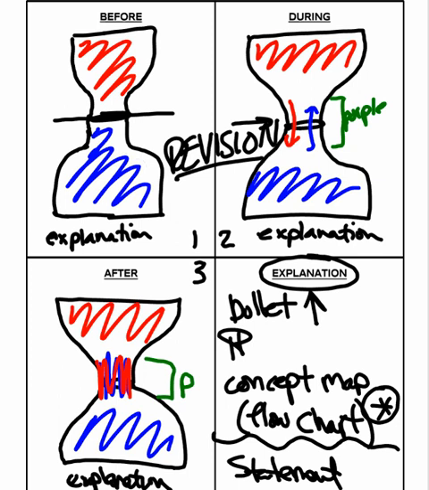If we didn't have revision, then we would still be thinking that all matter is made up of earth, wind, fire, and water. But the concept of matter has been revised many, many times throughout our time. So the whole point is to have models that show an explanation of a phenomenon.